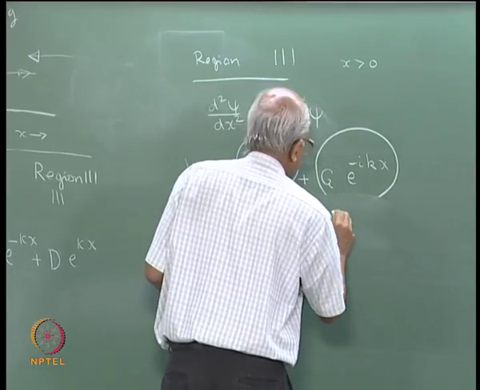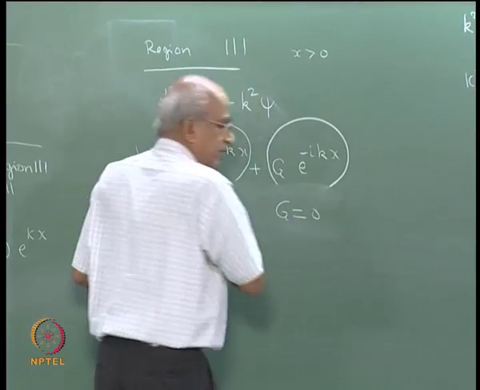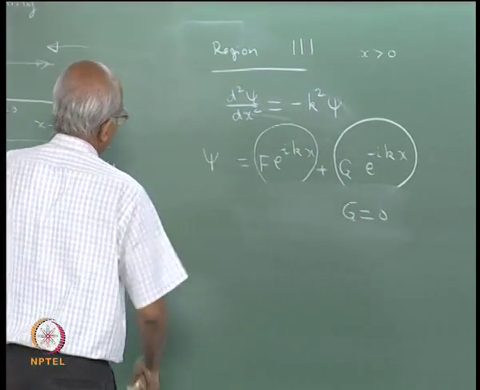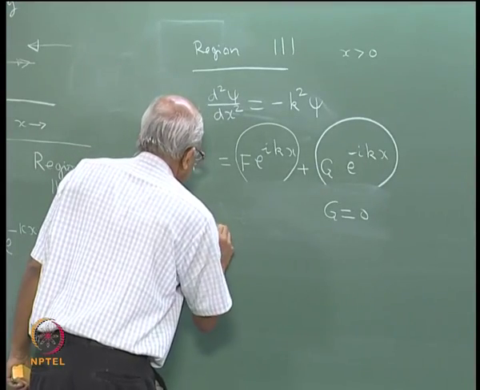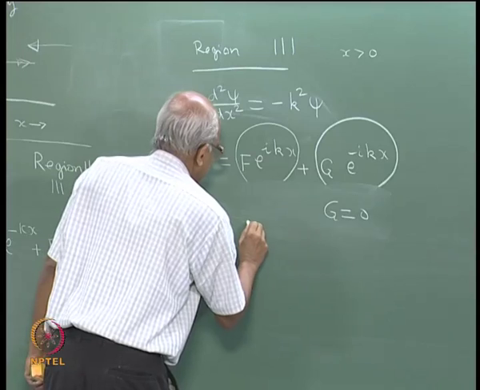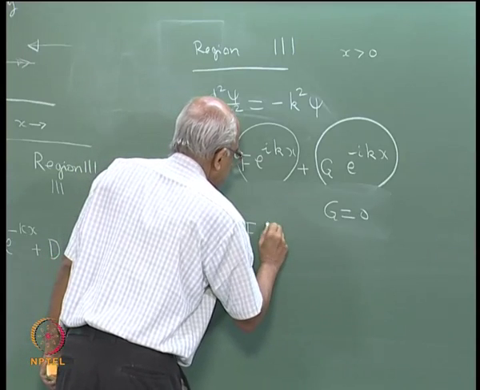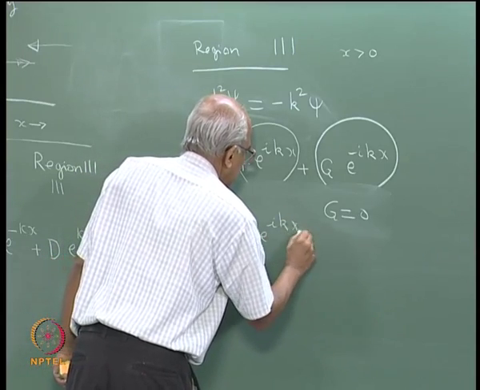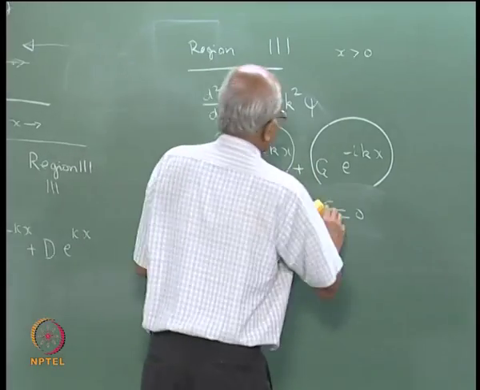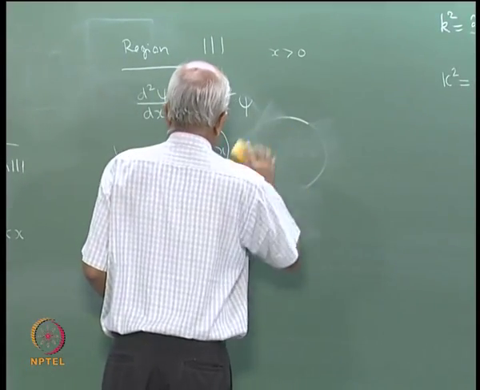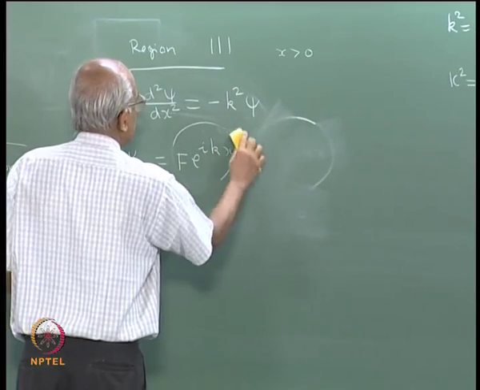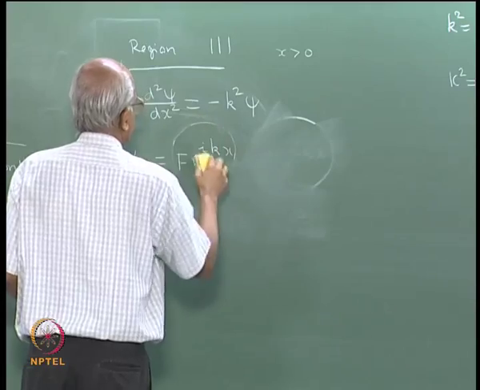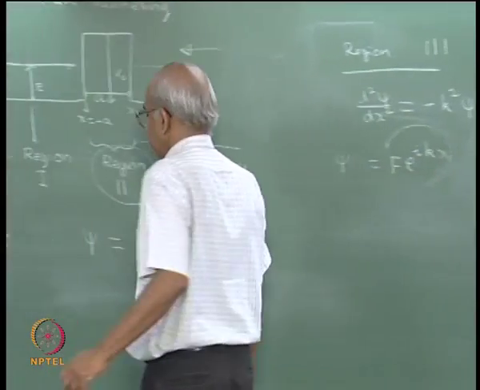Therefore in this region, region 3, the wave function should have only the form f e^(ikx), and this term is not there.